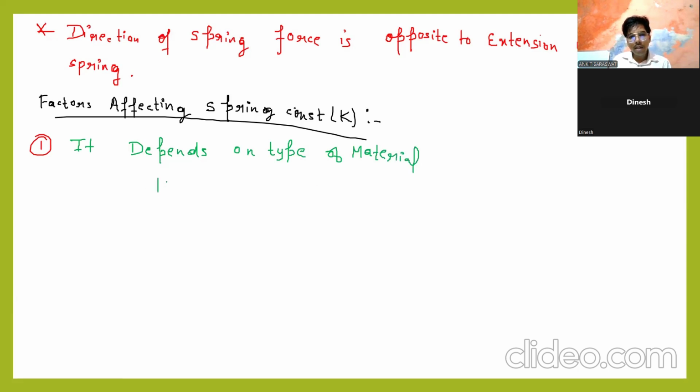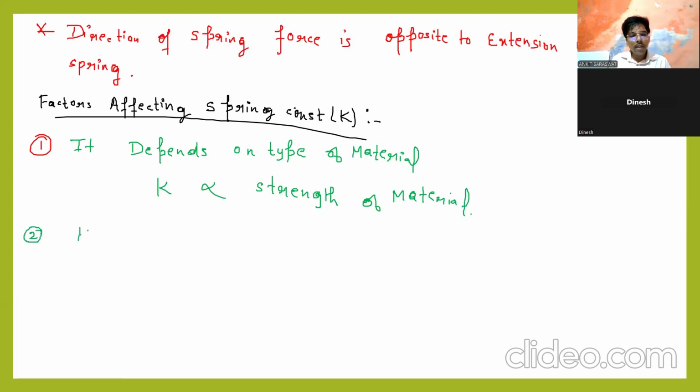It means K is directly proportional to the strength of material. For example, you are taking copper. Copper has a different K, aluminum has a different K, because they have different strength of layer. Yes, it depends on type of material. Clear to you? Next point, write down.